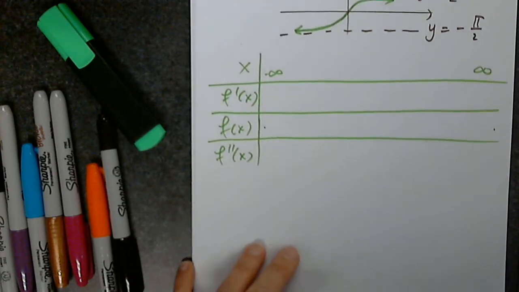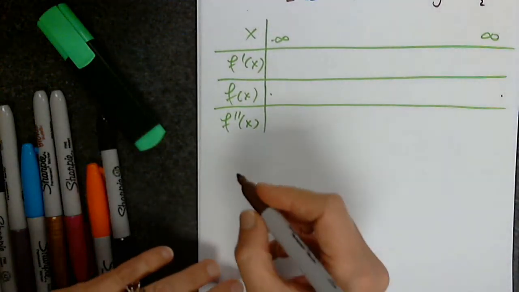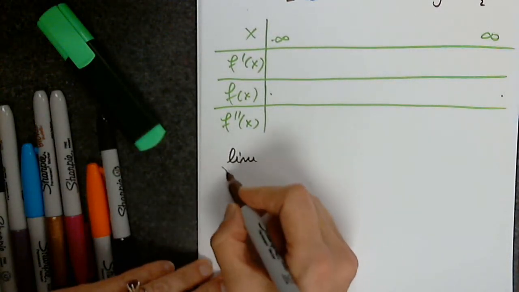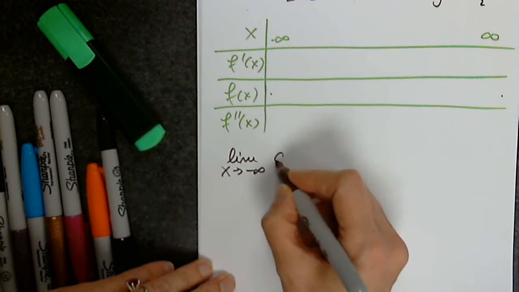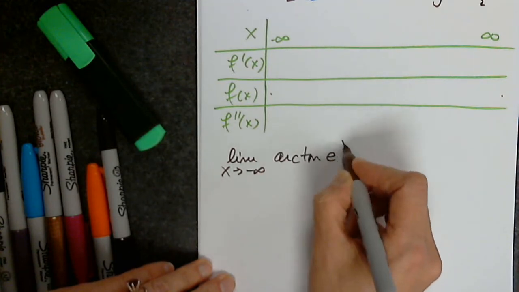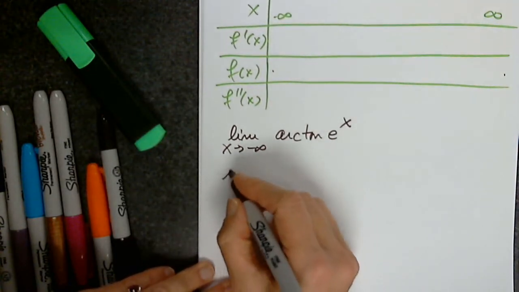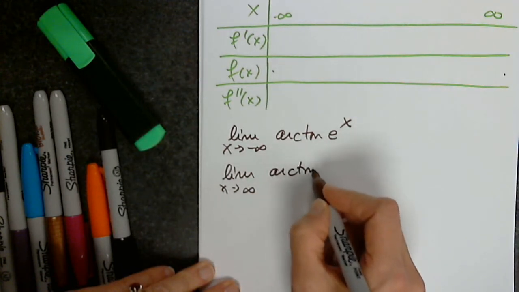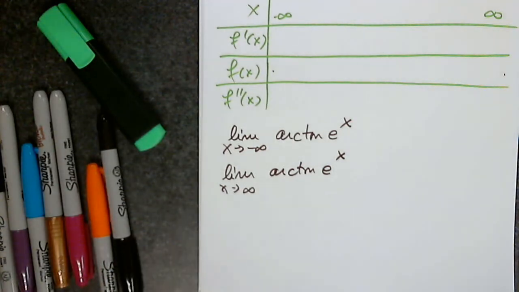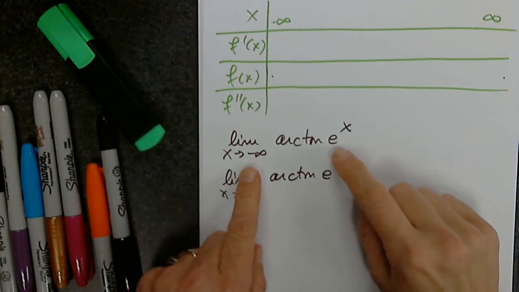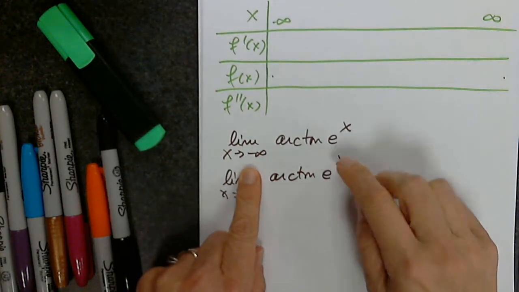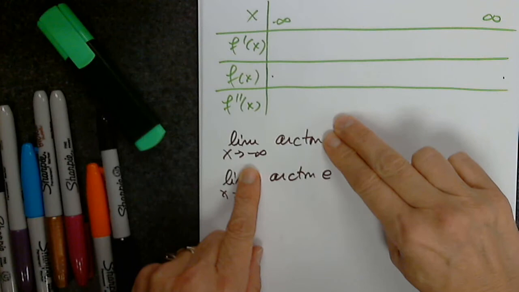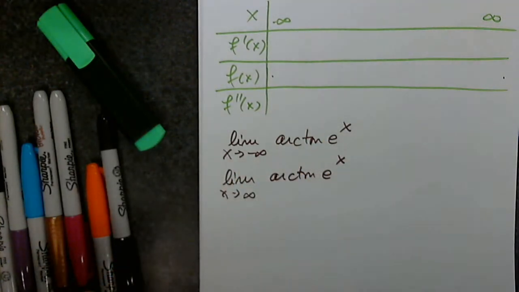Okay, so let's start with the limit. Limit as x approaches negative infinity of arctangent e to the x, and also limit as x approaches infinity of arctangent e to the x. Perfect. So now I have to first think of the graph of e to the x. So again, I start from the inside as x approaches negative infinity.